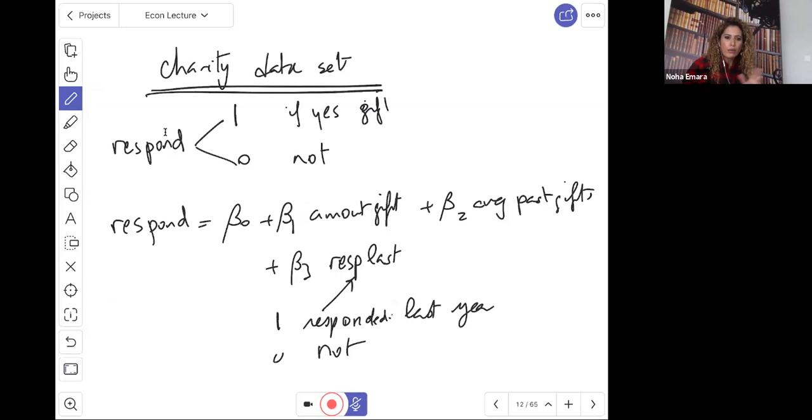Okay, so you have the data description already posted for you, and then you have the data. Have you downloaded the data set? Then have you downloaded the data set?